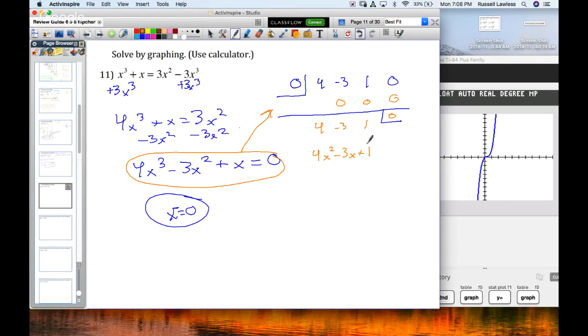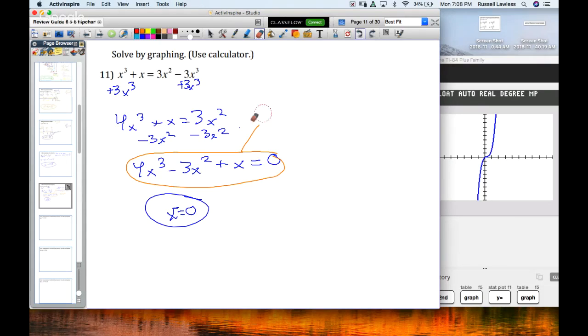You could continue to go on and solve this if you would like. But for me, rather than doing all this effort, I am perfectly fine with you just leaving the answer as 0.